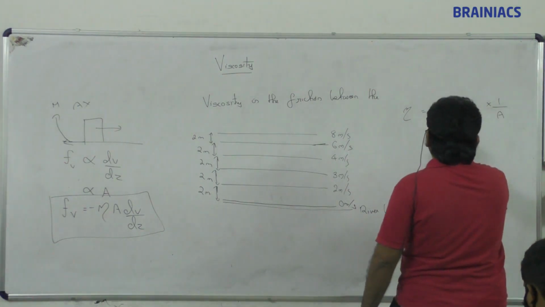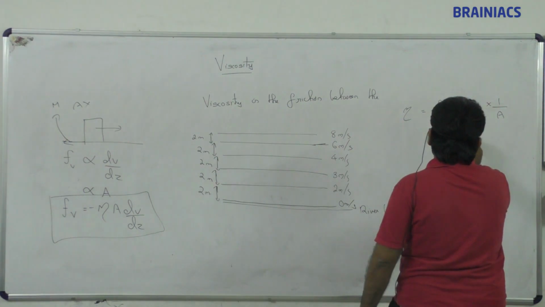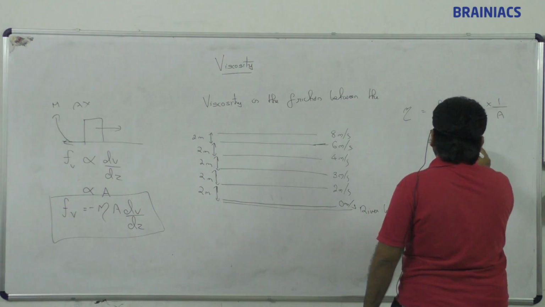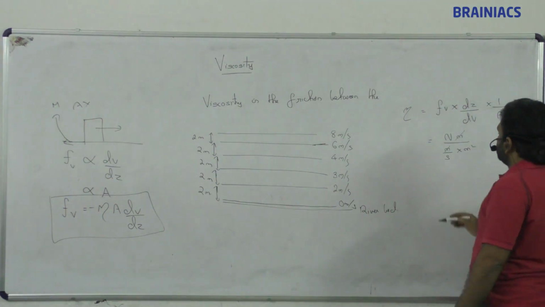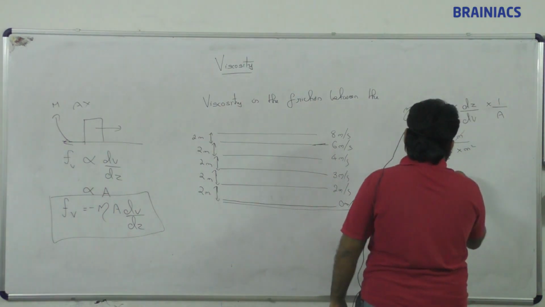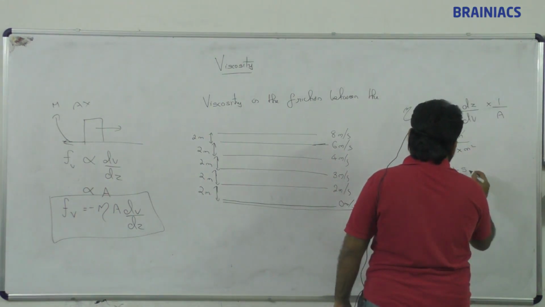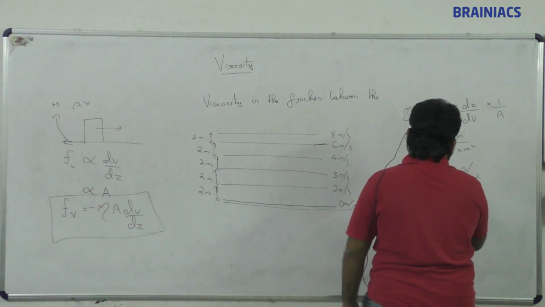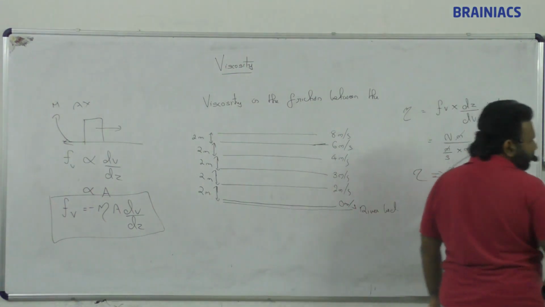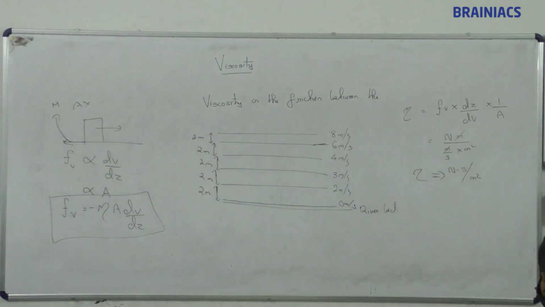So this is actually Newton, this is meter, this is meter per second, and this is going to be meter square. Suppose this meter if we cut, this is going to be Newton second per meter square. So this is the unit of viscosity.